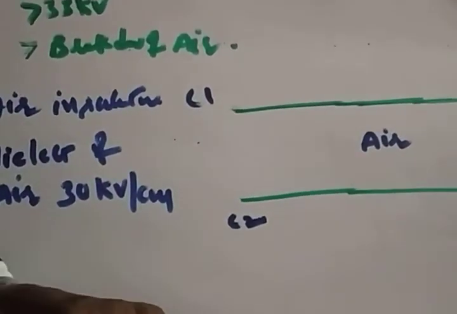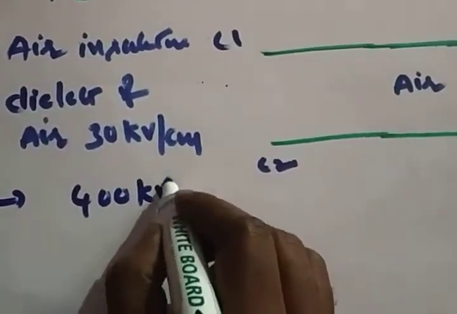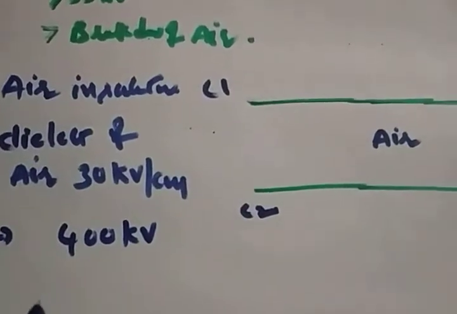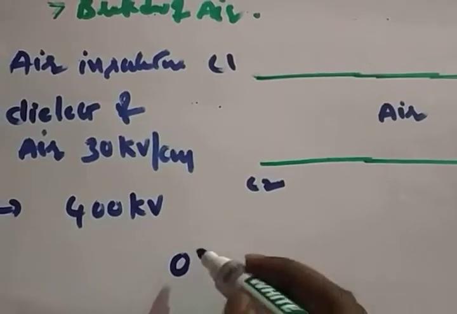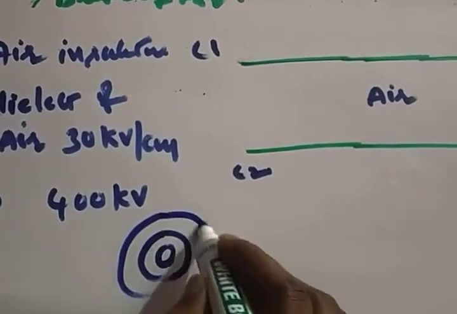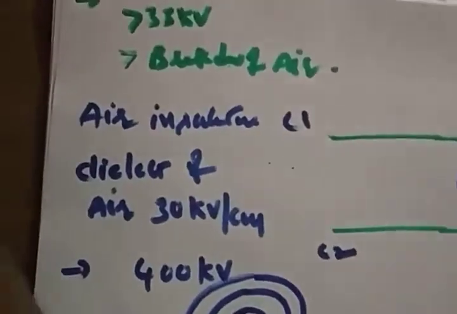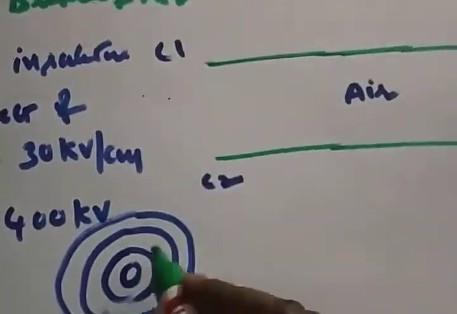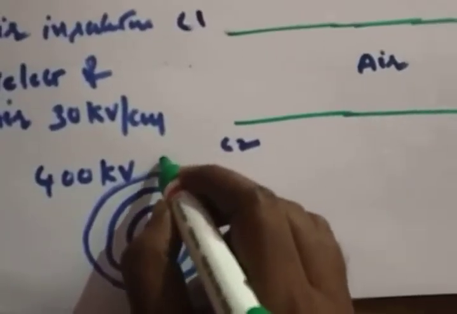Suppose the conductor is carrying a 400 kV line. How does the potential gradient happen? Suppose this is a conductor having different layers. With variation in distance, the voltage will change, with a maximum on the surface of the conductor, like 300 kV here.